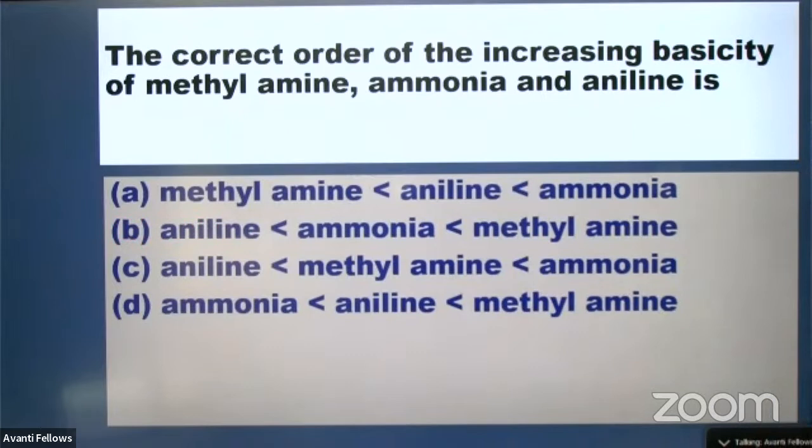The correct order of increasing basicity of methylamine, ammonia, and aniline is?